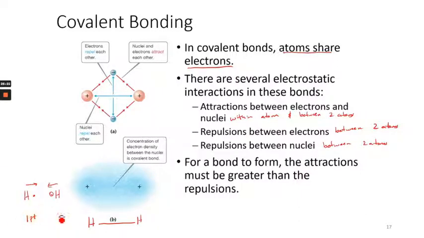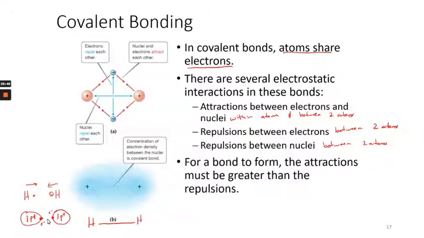So each hydrogen has one proton and one electron. As they get closer to each other, the electron from this atom is going to be attracted to the proton of this atom. And the electron from this atom is going to be attracted to the proton of this atom. But when these get close together, these two electrons are going to repel each other.